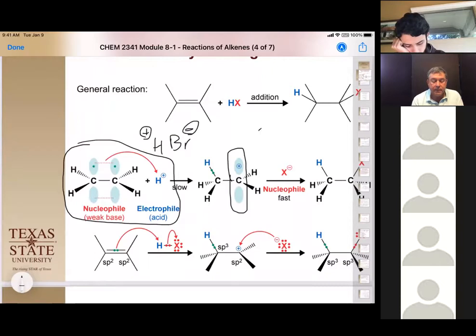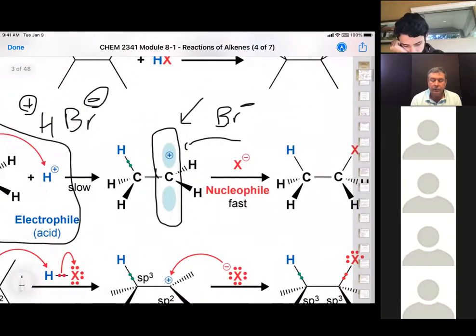This new species is an electrophile because it has a positive charge. And guess what? We created bromide, Br minus, which is a nucleophile. So we're going to do another nucleophilic attack. Bromine's going to attack that carbocation to give us our final product, which is our addition across that double bond.